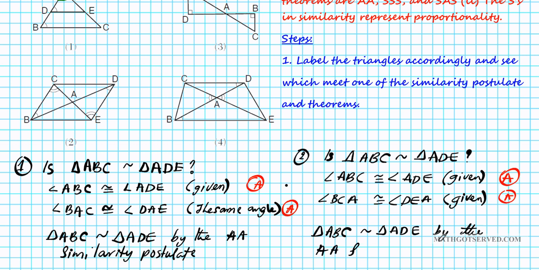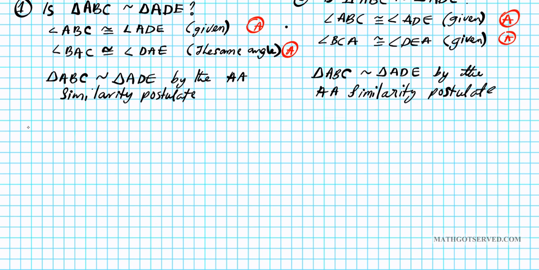Okay, let's take a look at the next candidate, option number 3. We're still asking the same question. Is triangle ABC similar to triangle ADE in this situation right here?